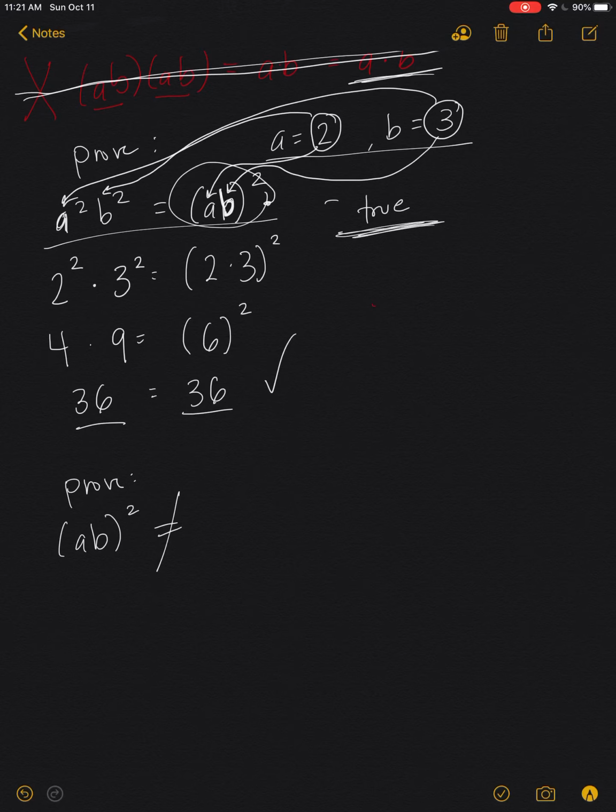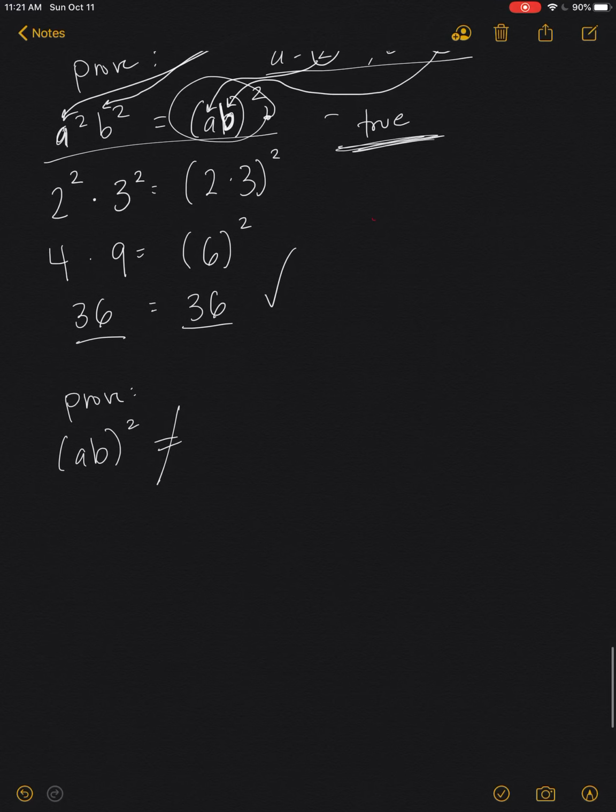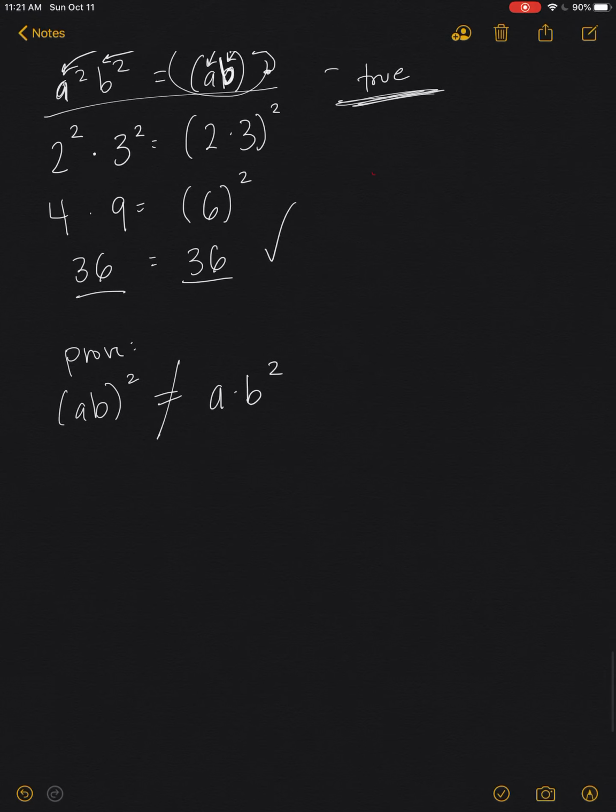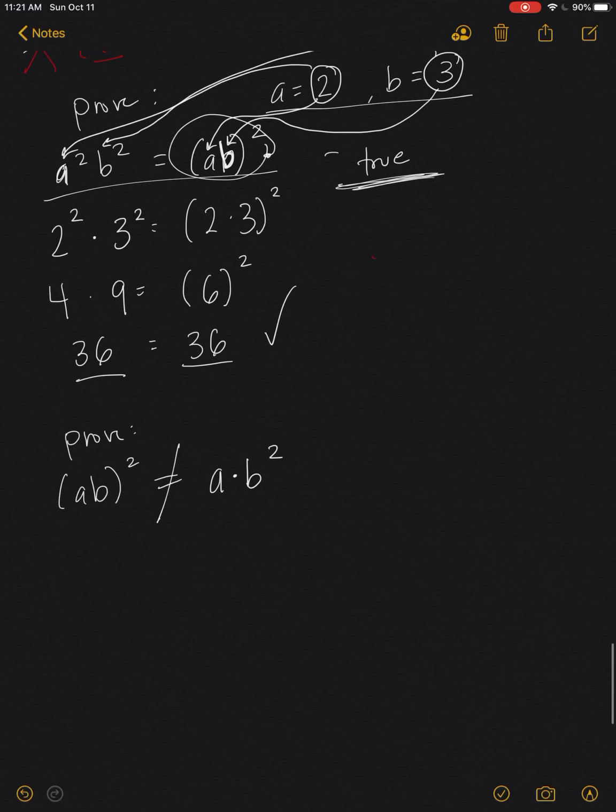Let's prove that (ab) squared does not equal, so you have an equal sign, you can put a line through it saying they do not equal each other, a times b squared. I'm going to use my same a is 2, b is 3. So 2 times 3 squared. We already know this equals 36. We did that one.